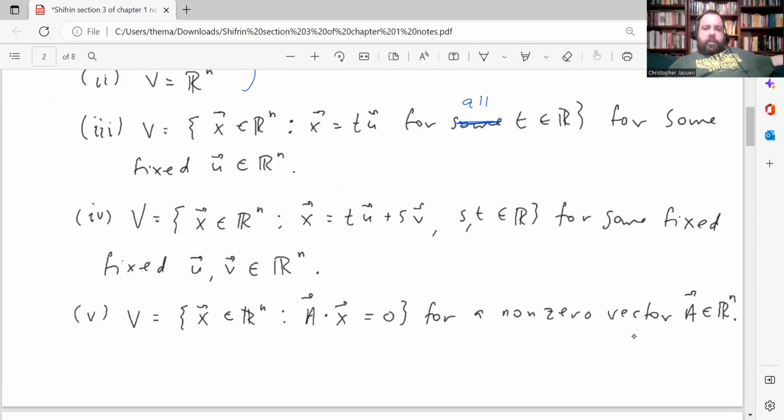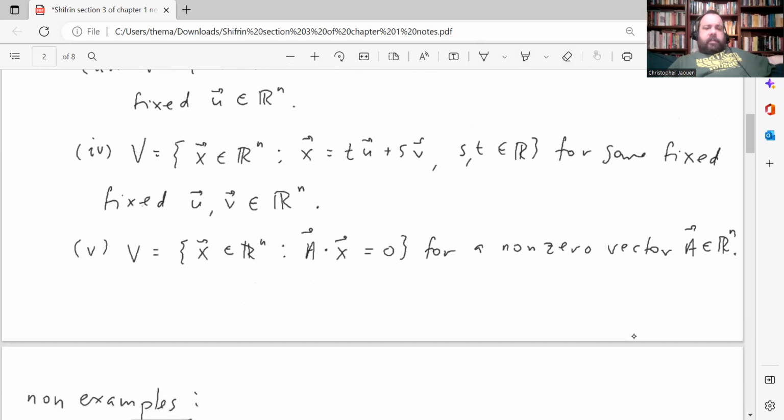The fourth one is the set of all vectors x in Rn that are a linear combination of two fixed vectors u and v. So s and t vary over the real numbers, and u and v are fixed vectors. Any linear combination of two fixed vectors gives you a subspace in Rn.